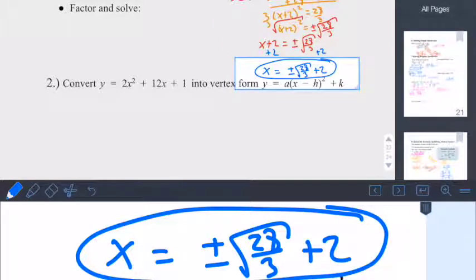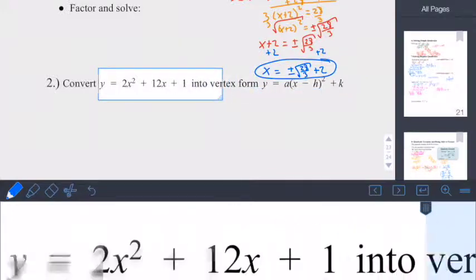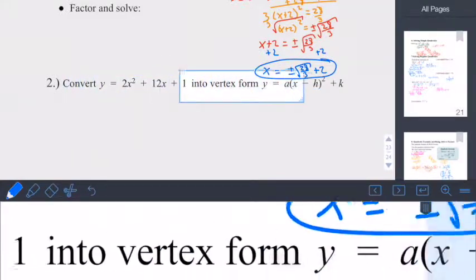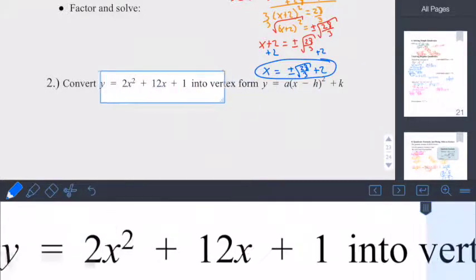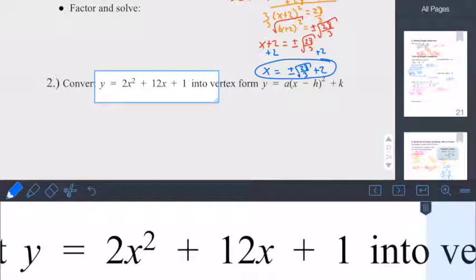Hopefully they don't get as bad in your practice. But now we can officially convert any of these into vertex form, right? And this is where that negative b over 2a comes from, because we have to divide our first two terms by that a. So I'm going to divide out that 2 and bring it in front.